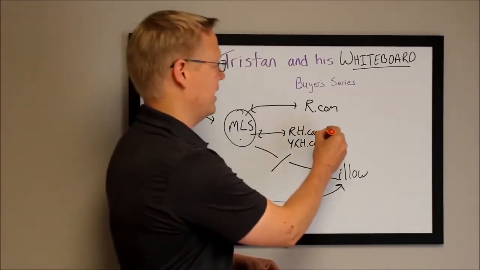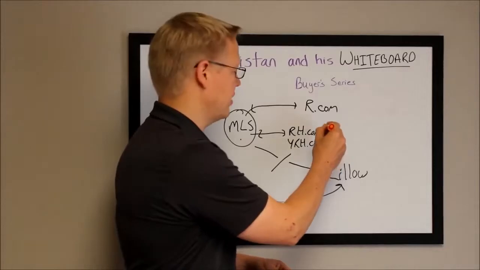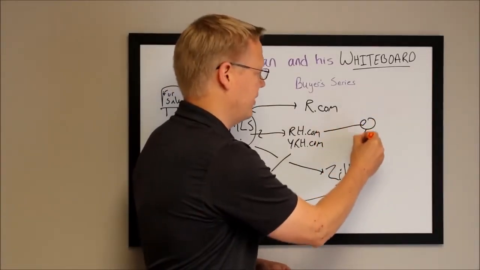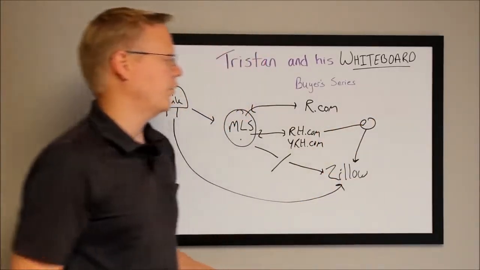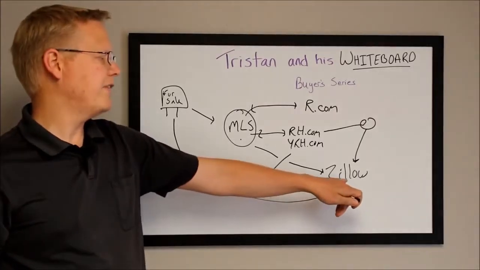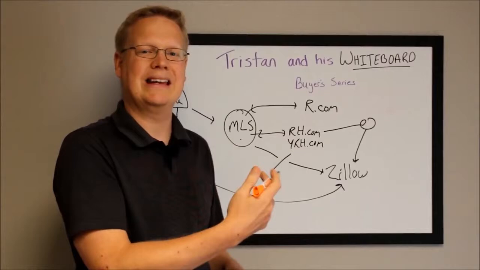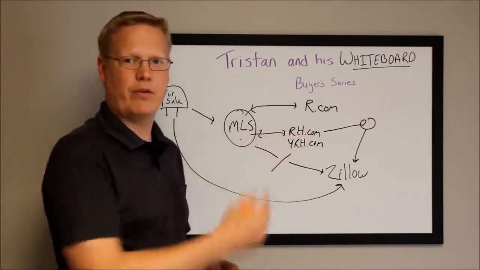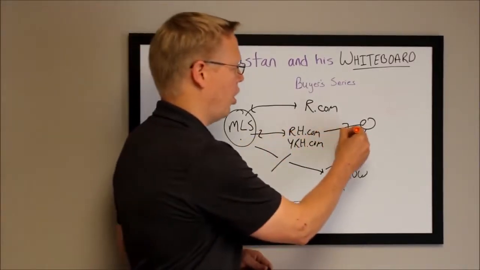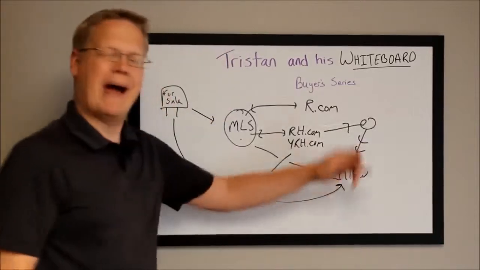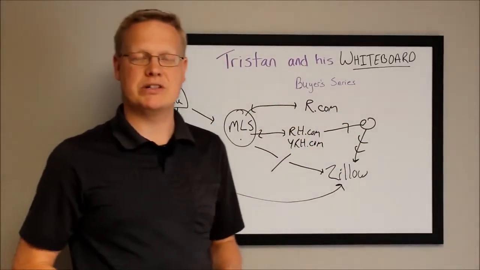Or if I've got a virtual tour website or something, that site will give that information off to Zillow. So you've got a lot of information on Zillow that is not being kept up. It's not being directly syndicated back and forth because the data is pretty much all one way. There's no back street to make sure that information is accurate.